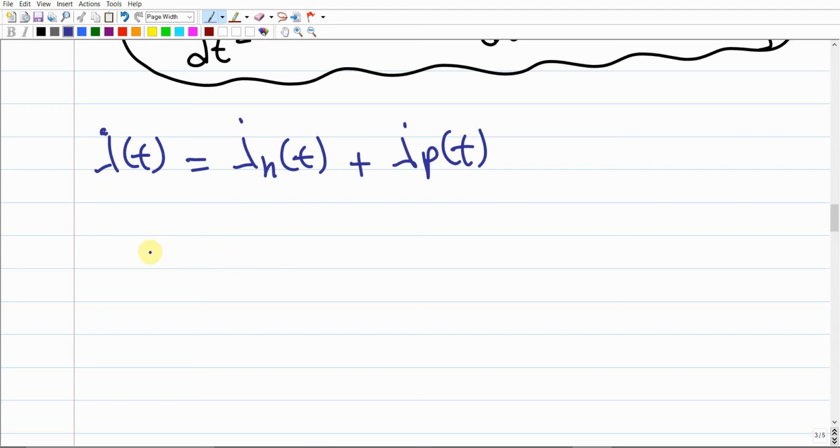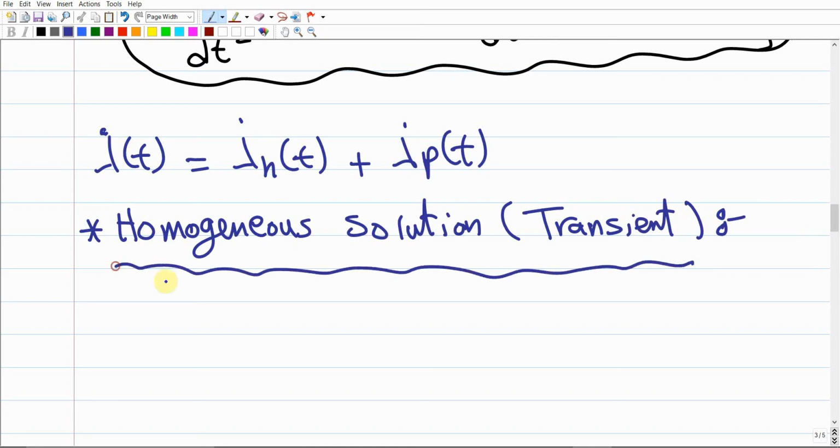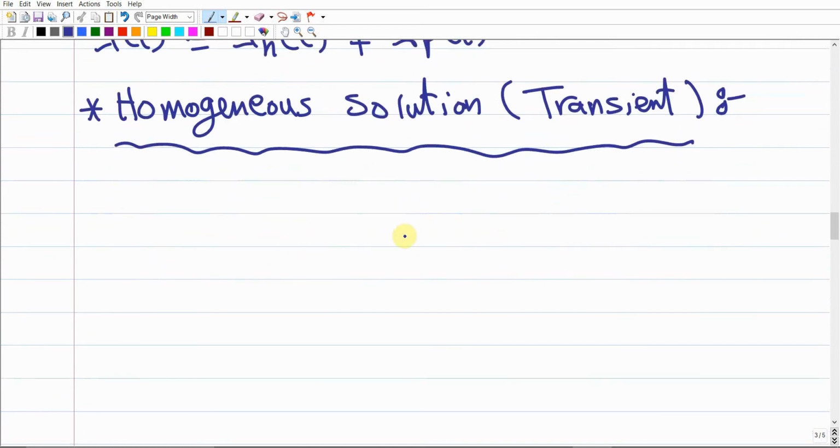The first part is to work out the homogeneous solution of this ODE. We said that this homogeneous solution explains the transient behavior, the transient state of the material, but the particular solution, or the steady state solution, describes the steady state behavior of the material.